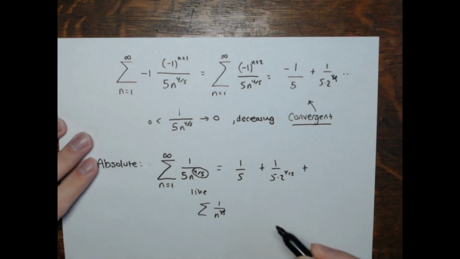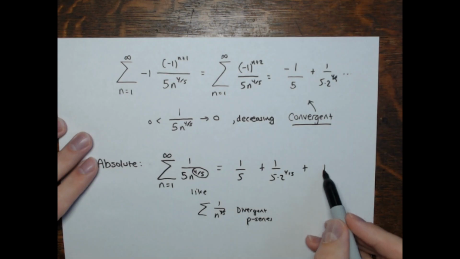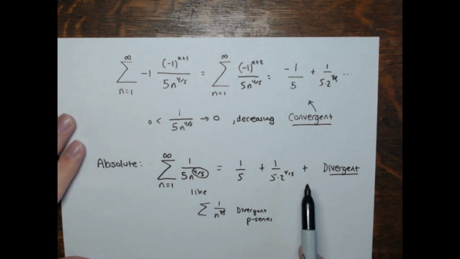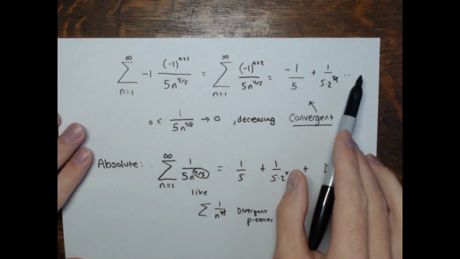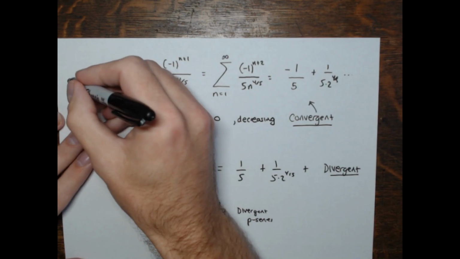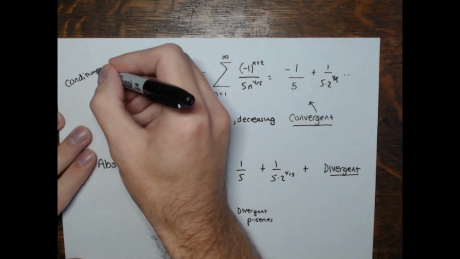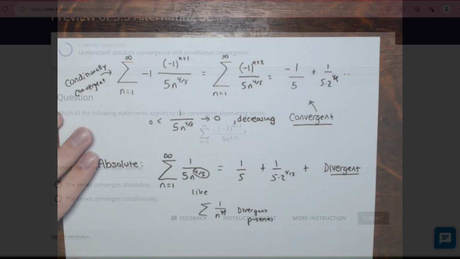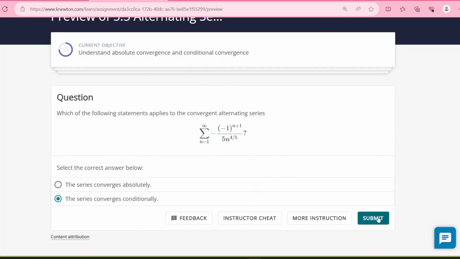So I would do a limit comparison with that. And this is a divergent p-series, right? Because you have 1 over n to the p, and p is less than or equal to 1. So this must be divergent as well. And you could do a nice easy limit comparison. So once again, we're seeing a series that is convergent, but not absolutely convergent. So they would call the series I was given initially conditionally convergent. So the series converges conditionally.